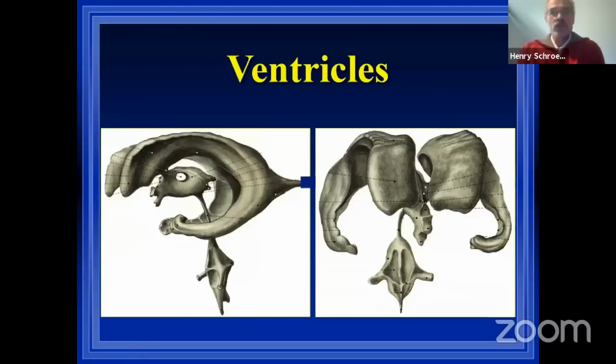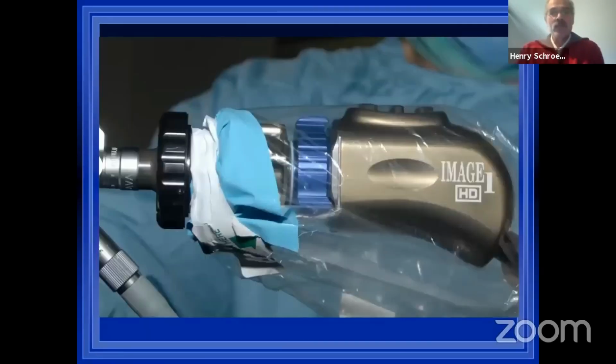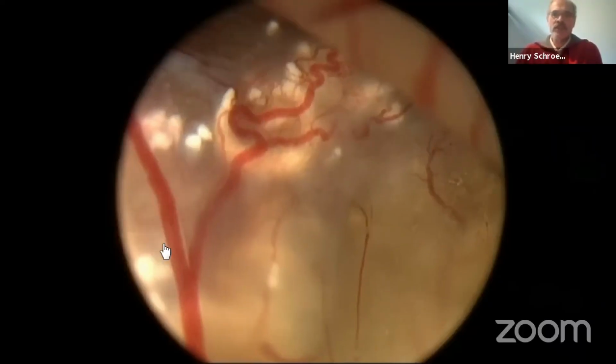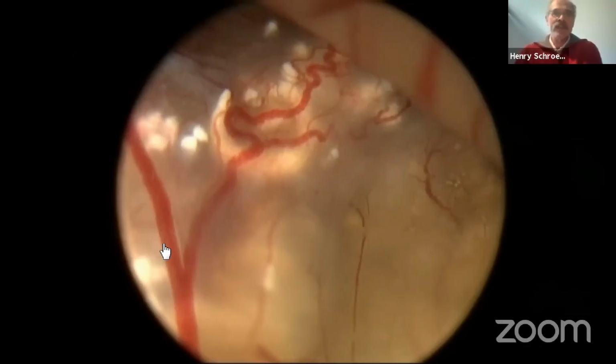So I just want to show you some endoscopic images taken by these diagnostic scopes. They have 0 degree, 30 degree, and 45 degrees. The diameter is 3.3 millimeters. And we have an HD camera to get the best quality which is currently available. And you see this is an endoscopic view into a craniopharyngioma cyst, and you can really see the erythrocytes going through the blood vessels.